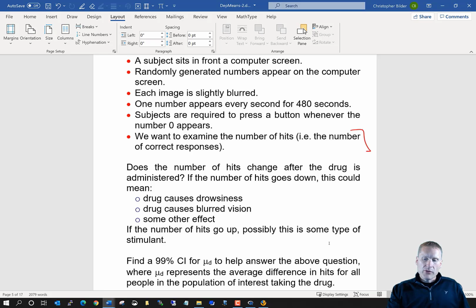What we were interested in measuring with these subjects was what happens to the number of correct responses, meaning the number of times they pressed the button when a 0 appeared, which we called hits. What happens to the number of hits before the drug is administered and then 4 hours after the drug is administered?